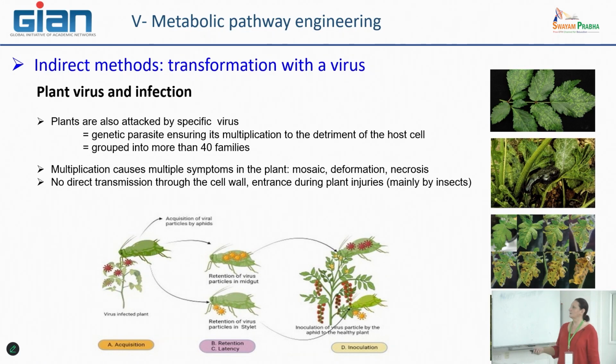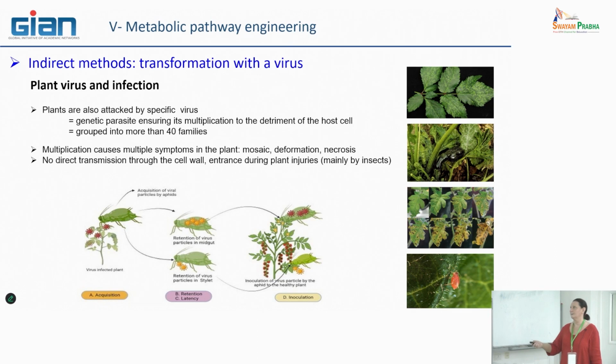Here is a general view of how plants can be infected by this type of organism. Plant viruses are classified in about 40 families. The way by which they can access the plants is mediated mainly by insects.